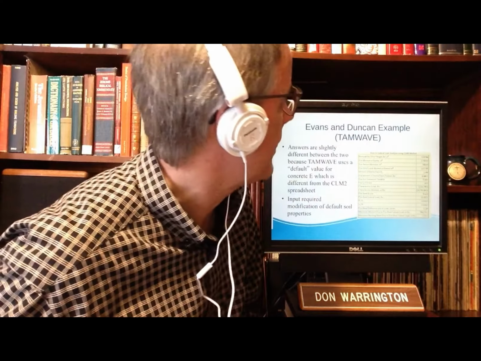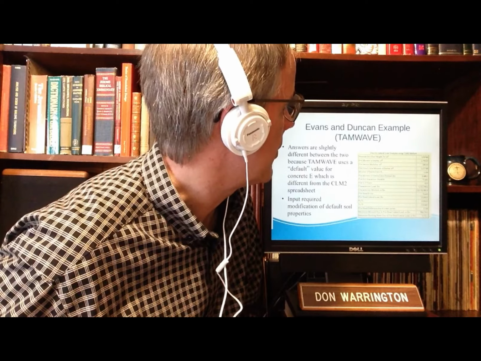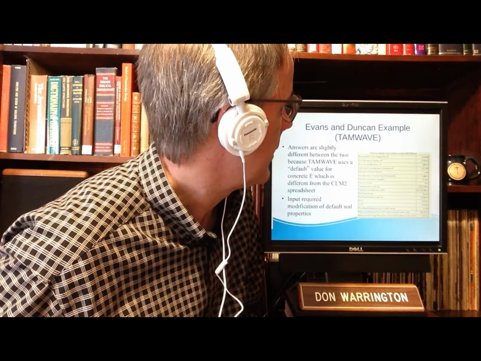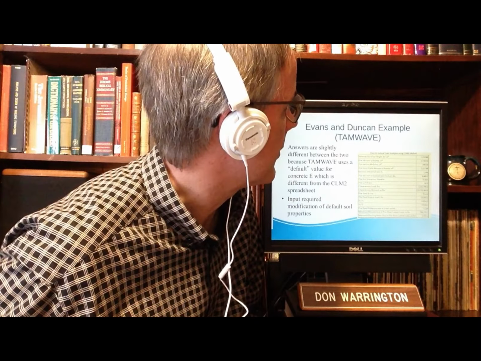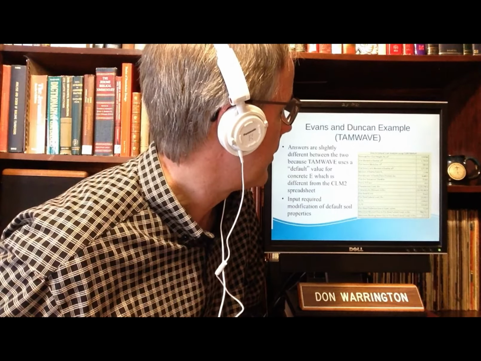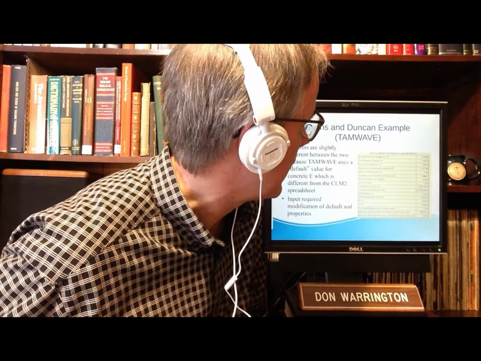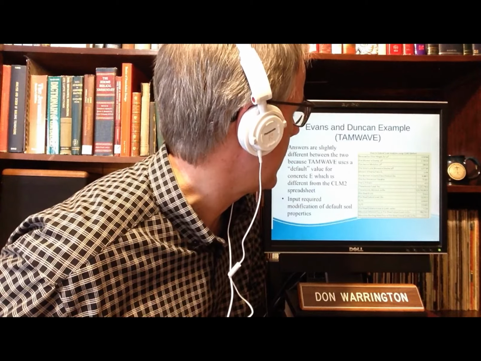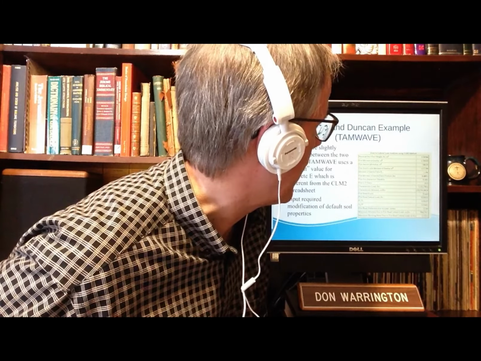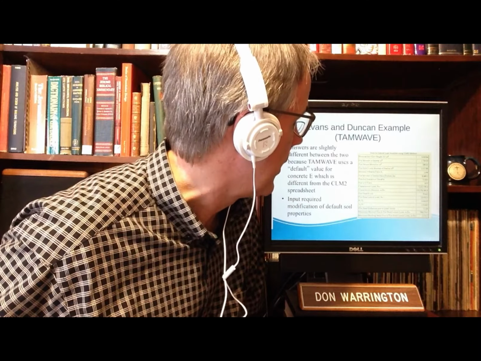Actually, Tanwave shows you a lot of fun things, such as the moment of inertia, the section modulus, the solid circle moment of inertia, which is important for the way CLM operates, moment of inertia ratio and all that. It also shows you the characteristic load and moment, which you see are very large compared to the actual moments and loads that you're doing.